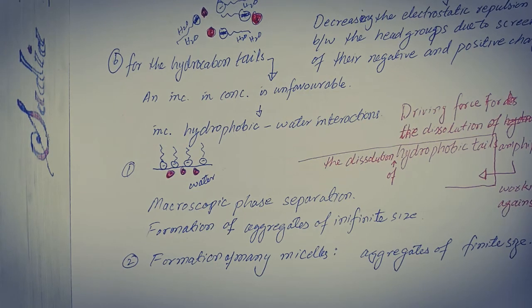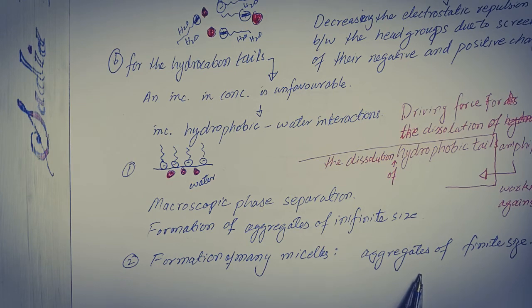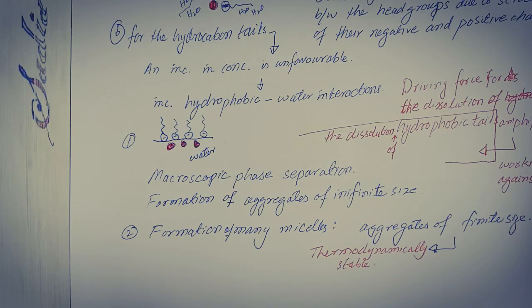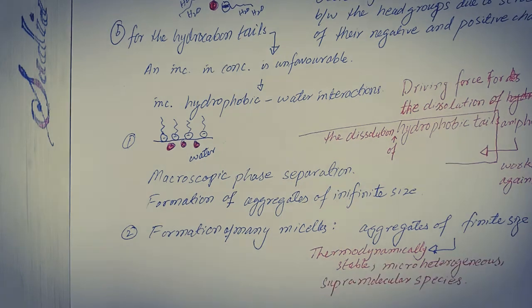And such finite aggregates are thermodynamically stable, also known as microheterogeneous supramolecular species. So we can say that the micelles are actually aggregates of finite size that are thermodynamically stable and also known as microheterogeneous supramolecular species.